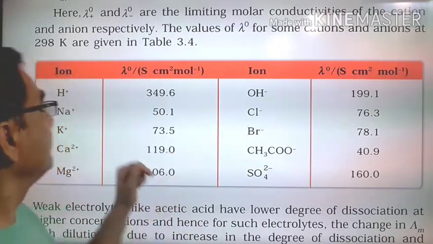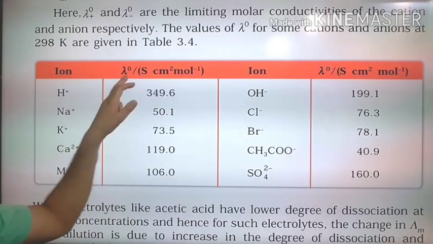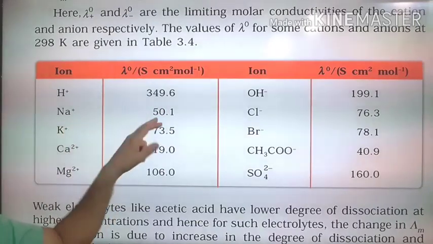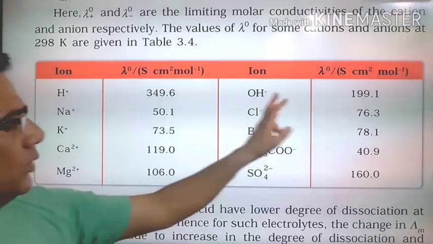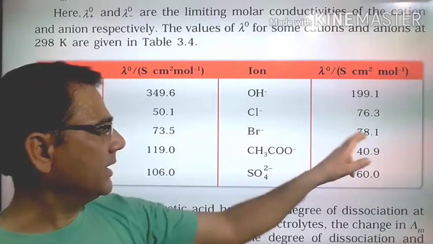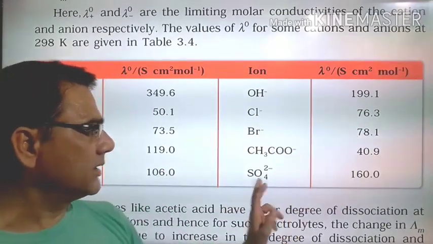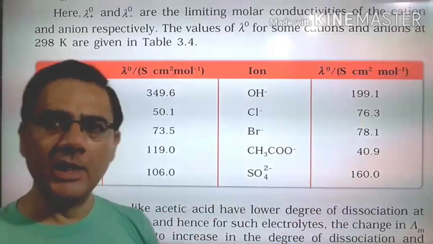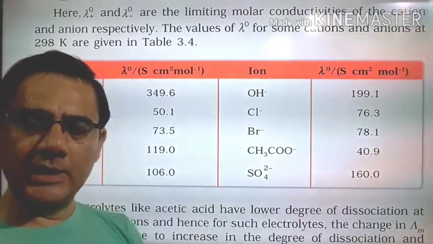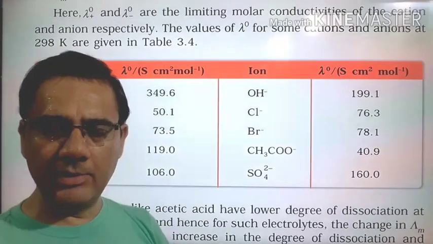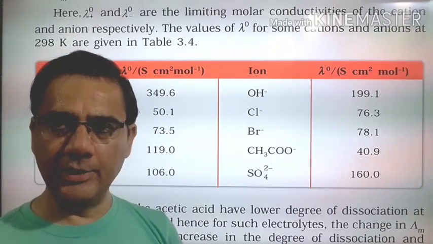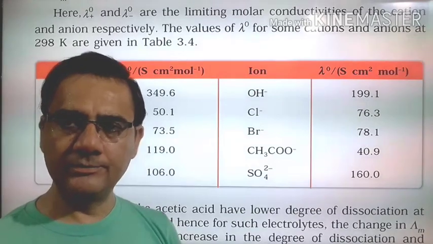See, this is the table, and here H plus ion, the limiting molar conductivity is given, Na plus it is given, K plus it is given, calcium plus 2, magnesium plus 2, OH minus ion, Cl minus ion, Br minus ion, CH3COO minus, sulfate 160, like that. So these values they are given in your NCERT. So in this question which we are doing, इसमें हमको refer करना है इस table पे, but in the exam these values will be given to you. Now we try to solve that numerical.